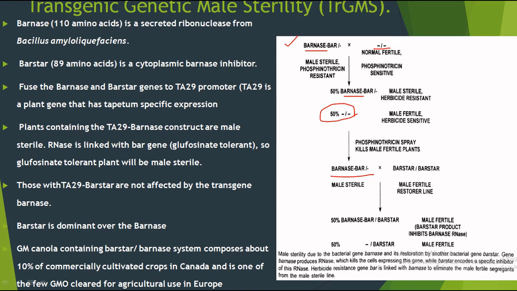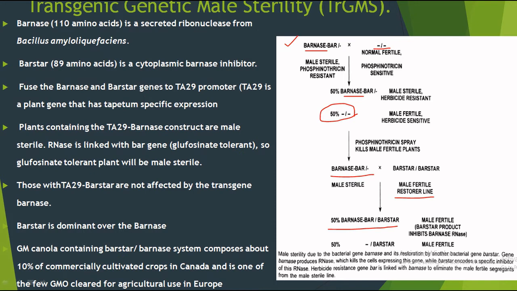And then we'll cross it with Barstar, the plant in which there is Barstar. So this crossing will make this sterile plant fertile, as Barstar inhibits the Barnase product. So this is the plant that is male fertile and it is used as an R line. Now after crossing between these two, we'll get 50% Barnase-Barstar and 50% Barstar.